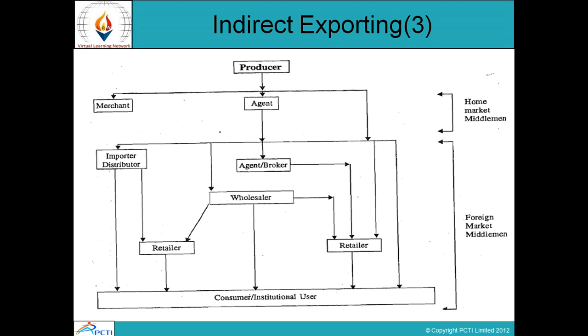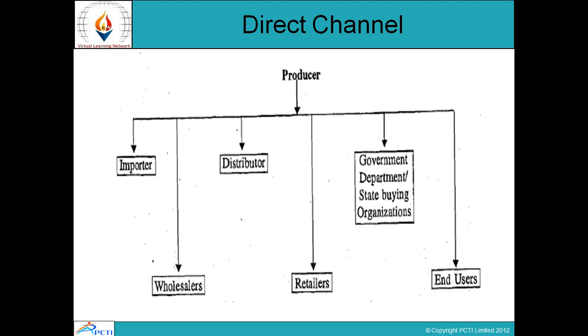Another situation is that from the home market middleman, that is an agent or the merchant, the product flows directly to the foreign market middleman, the retailer, before reaching the final consumer.